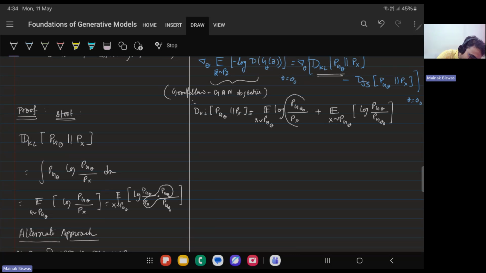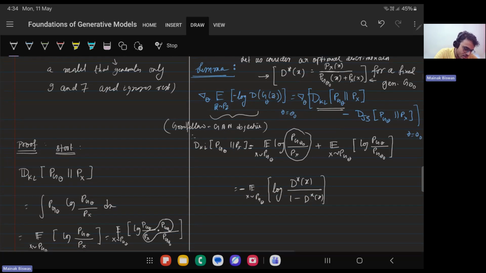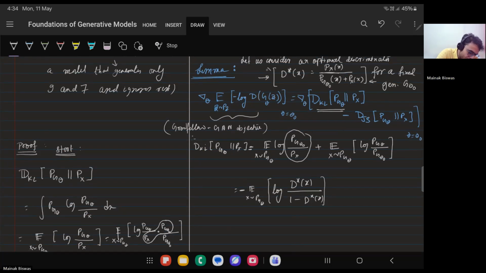As soon as I have this term, I can write this as the expected value of x in p_g theta of negative log of d star of x by 1 minus d star of x. You can see this equation from dagger.